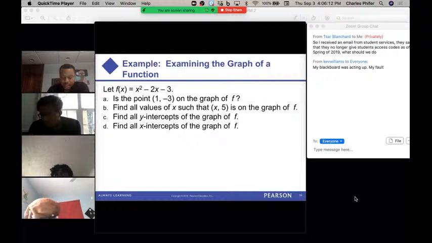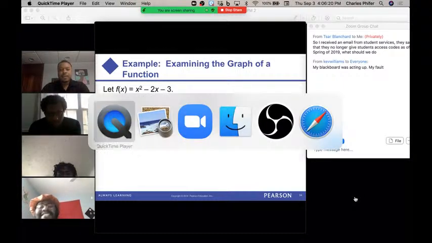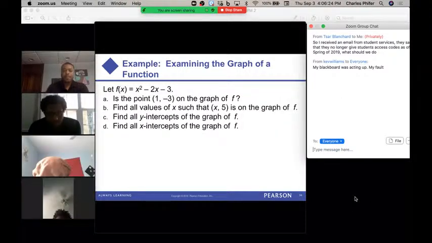All right. So let f of x be this. Is this point on the graph? Find all the values of x. Let's see. Is the point (1, 3), (1, -3) on this graph? So let f of x be this. Find all the values of x such that (x, 5) is on the graph.